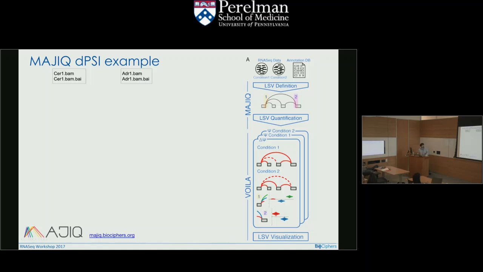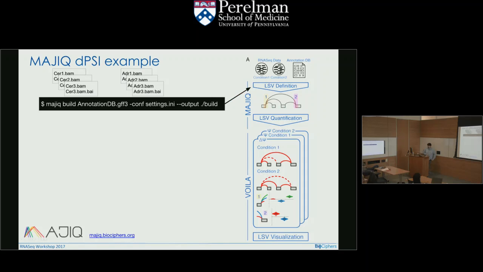So this is one replicate in cerebellum, one replicate in adrenal gland. Let's say we have replicates for these. So we've got cerebellum from 3 different mice and adrenal glands from 3 different mice. That's what our data looks like. So the first thing we'll do, like I mentioned, is run the MAJIQ build that detects the LSVs that are in this data.